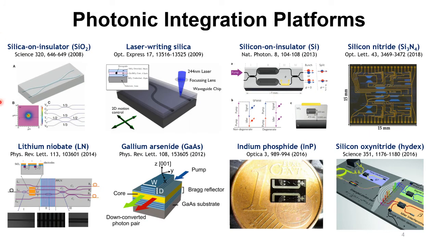Until now, a range of platforms have been developed for integrated quantum photonic applications, including quantum computing and quantum communication. Among these platforms, laser writing silica, silicon on insulator, indium phosphide, and silicon oxynitride have already been adopted in QKD applications.